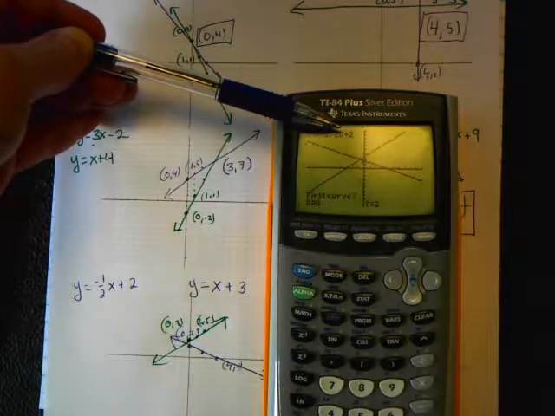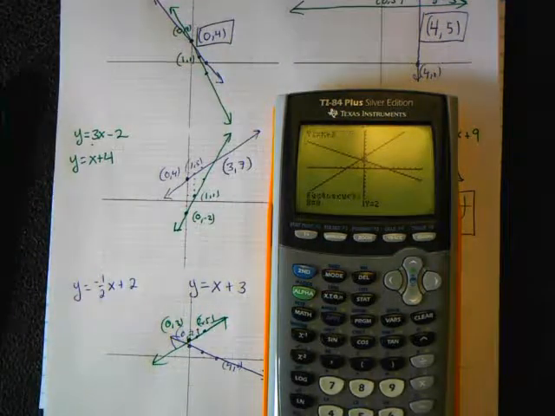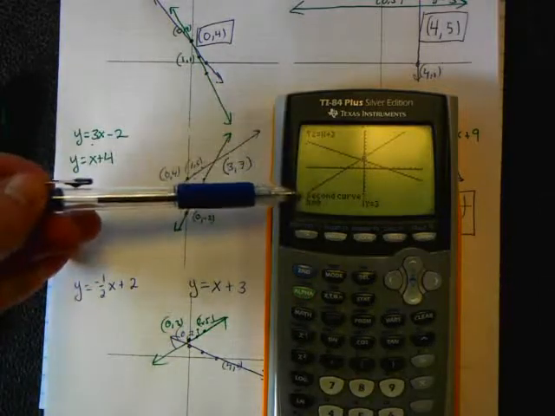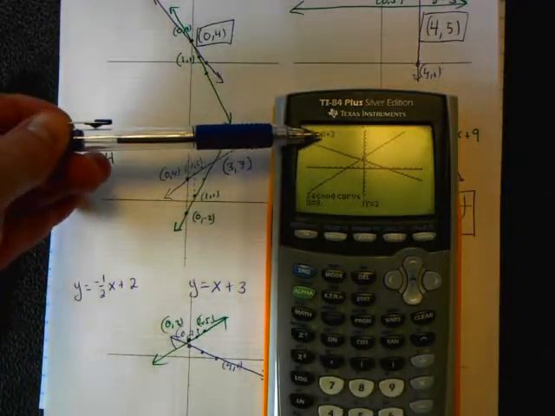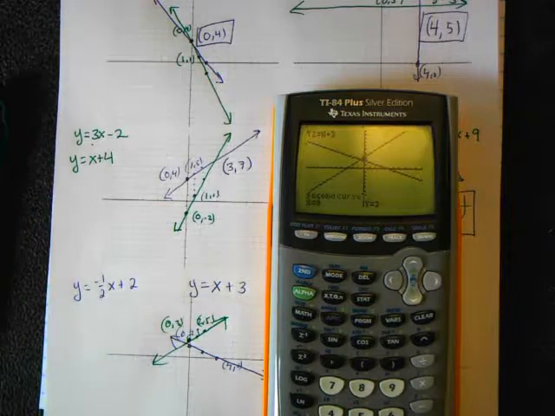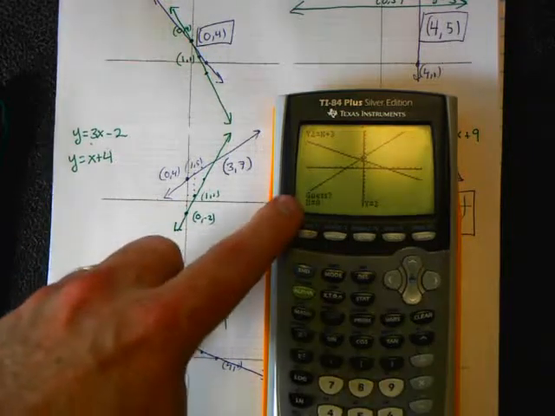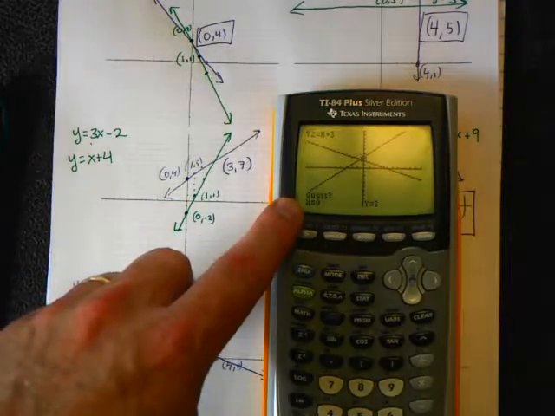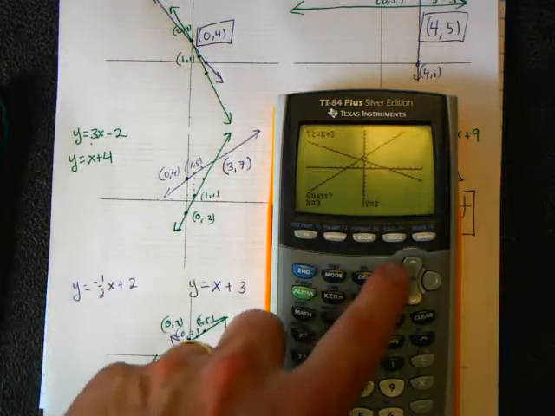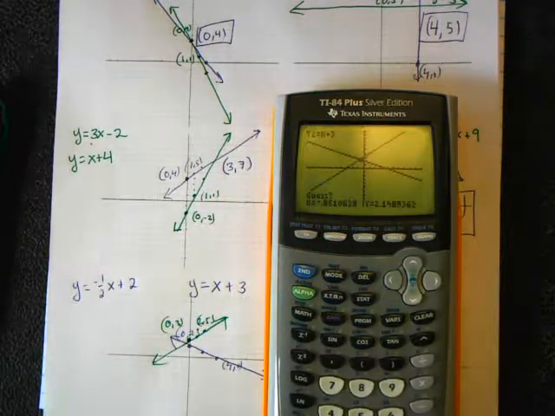Is that our first equation? Yes, I hit enter. Then it says, is this the second curve? y2 equals x plus 3. Yes, I hit enter. Then it says, make a guess. I can just hit enter. Or if I want, I can use the arrows to get over a little closer. Doesn't really matter. I hit enter, and it will give me the answer.